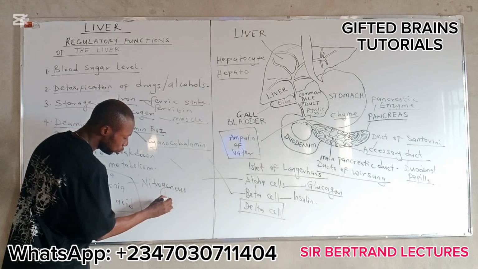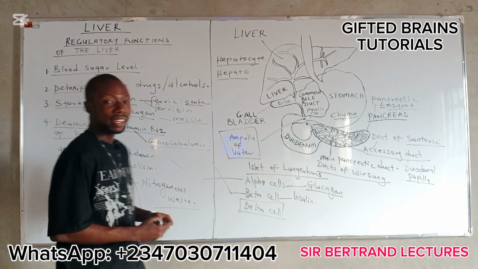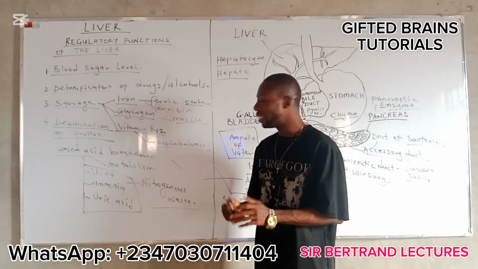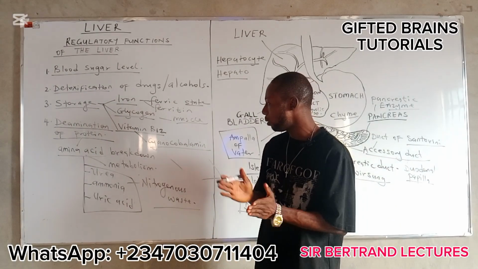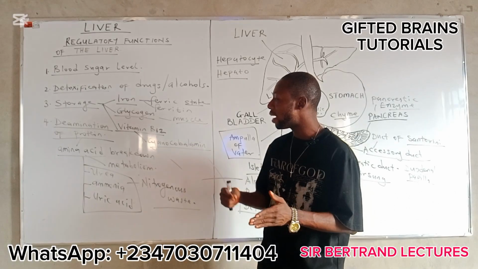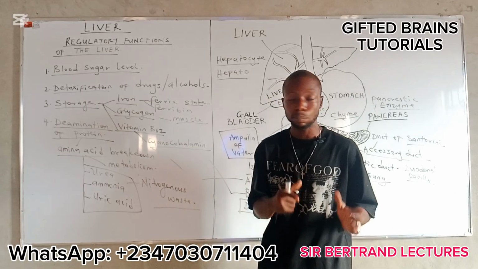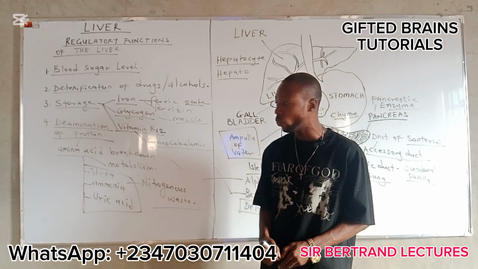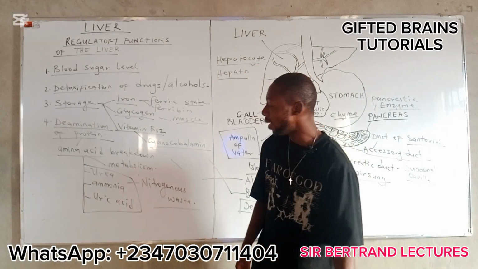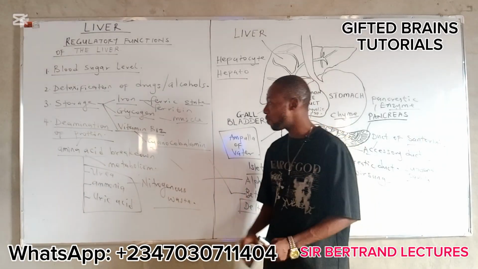That is to say, the liver is responsible for producing nitrogenous waste in the body, which are very toxic. I told you before, the liver is also responsible for removing toxic substances in the body, and this is one of the ways the liver performs that function. Please write fast so that I can wipe here for the next function.